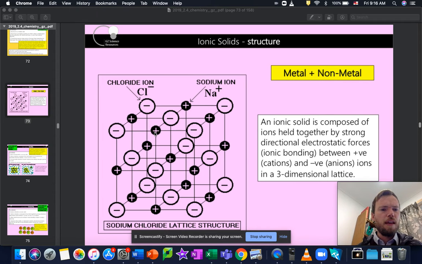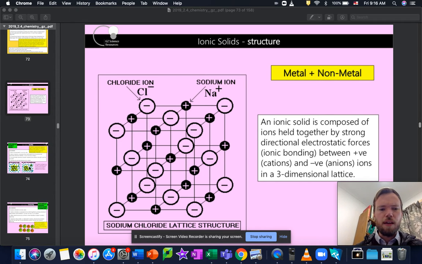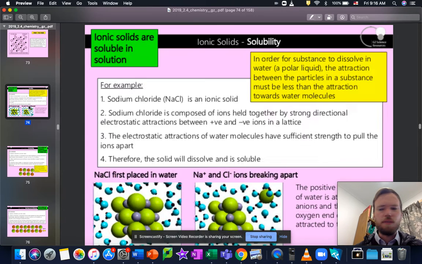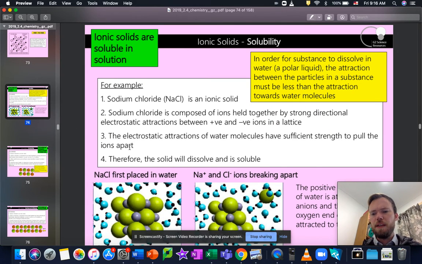Okay, so the first property that I want to look at is our solubility. Now, being soluble means that it will dissolve in a particular solvent. In this case, water. Water is the major one that we look at in terms of ionic solids.